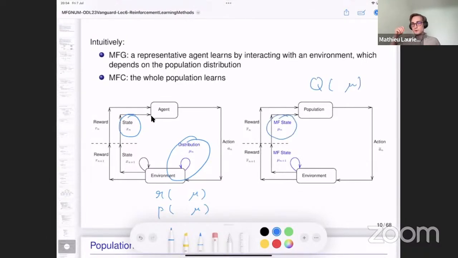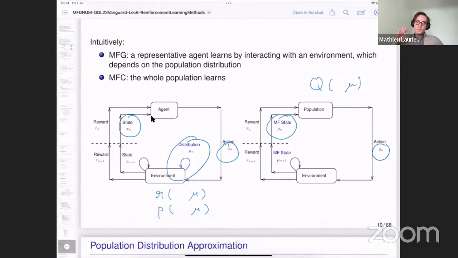It's also in the environment, in the transition and in the reward, but you observe it and then you take an action. This action here is not the same as this one. The one on the left is for a single agent. The one on the right is for the whole population. So basically it will be a decentralized control so that all the agents can decide how to move forward based on their own state. I will explain this in detail, but this is at a high level, at least one way to adapt this reinforcement learning setting to the mean field case.